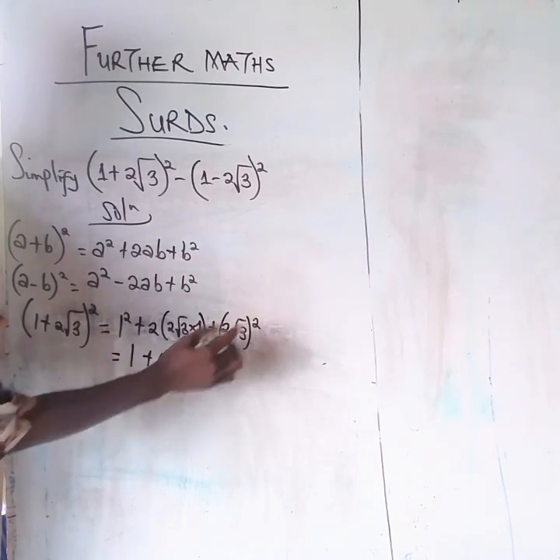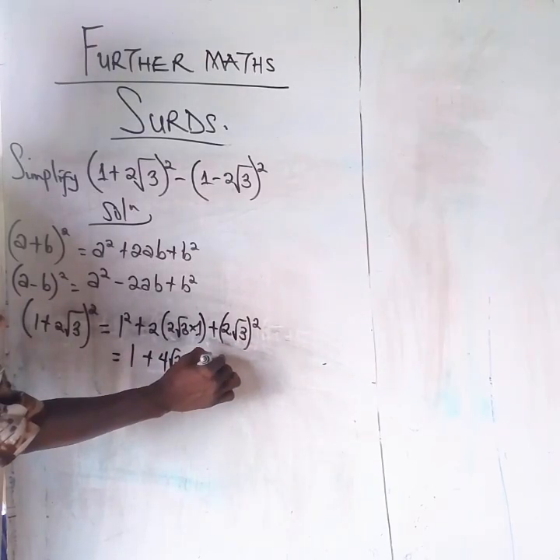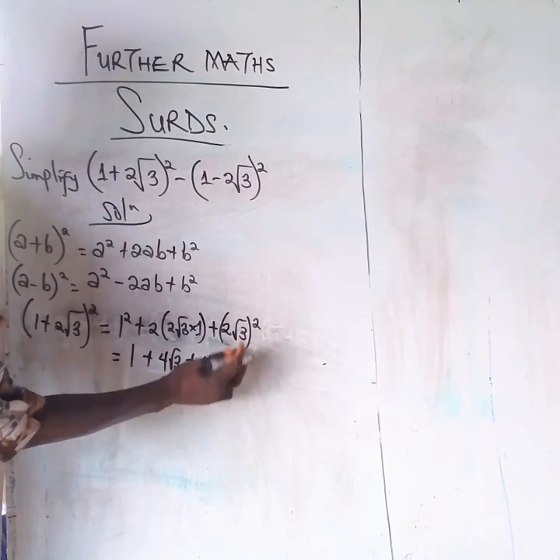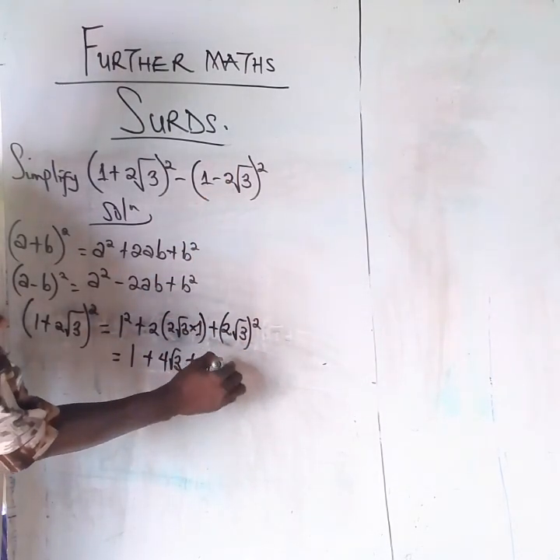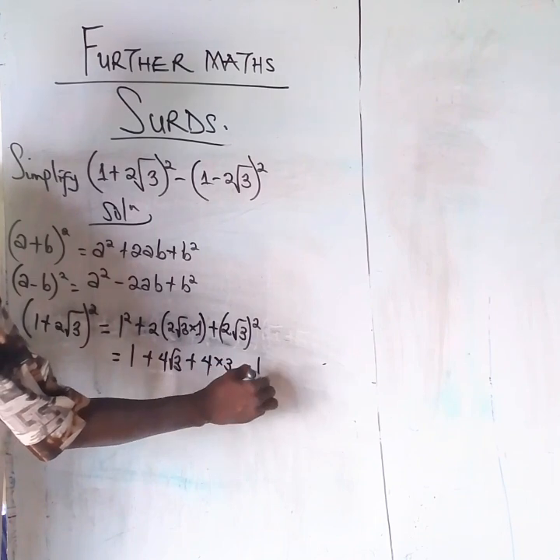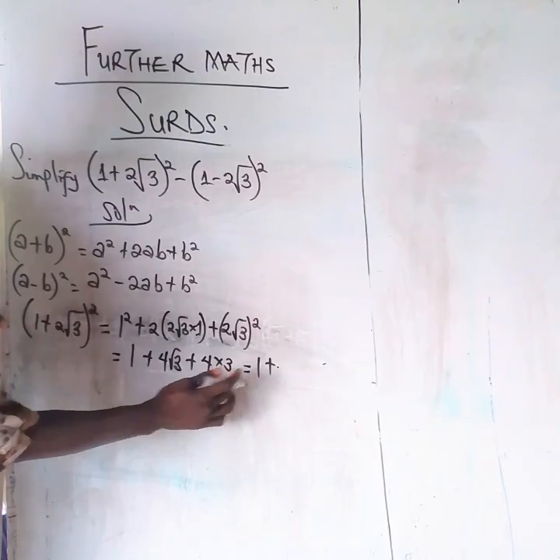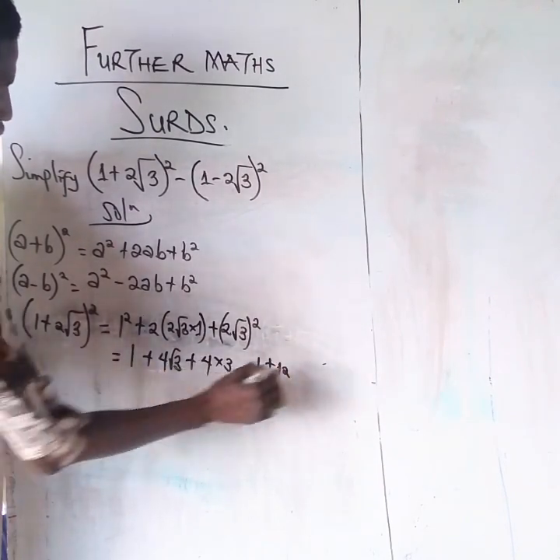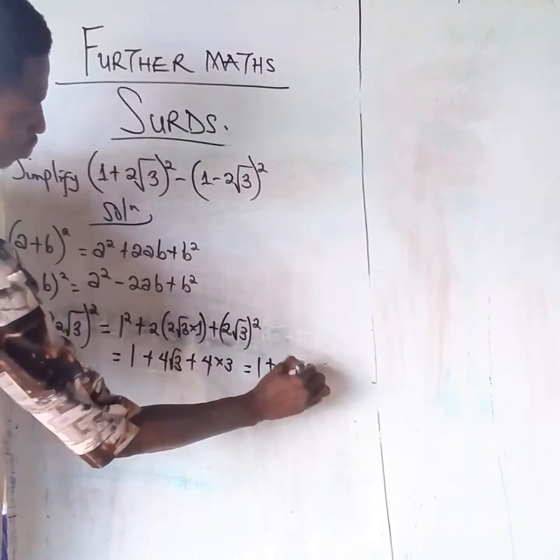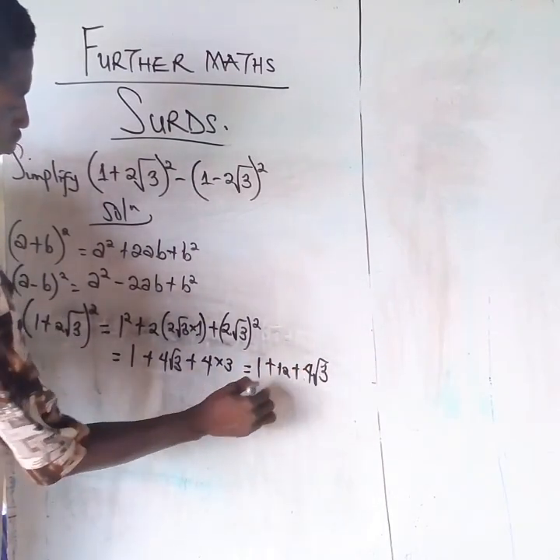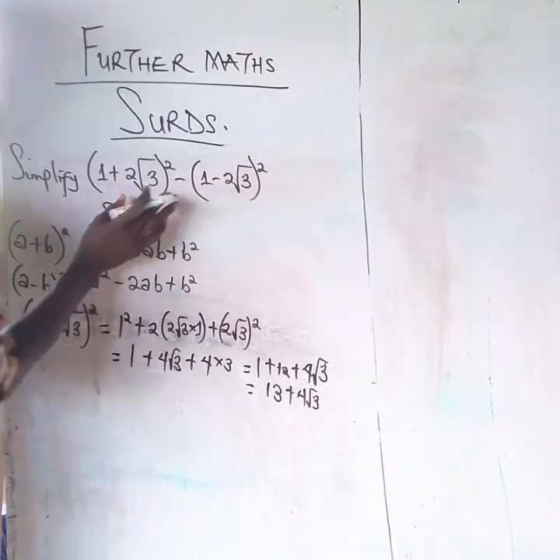Then you have 2 square is 4, root 3 square gives you 3, so it will be 4 times 3, which all this will now give you 1 plus 4 times 3 is 12, so you have 12, then plus 4 plus 4 root 3, which will give you 1 plus 12 is 13 plus 4 root 3. That is the summary of this.